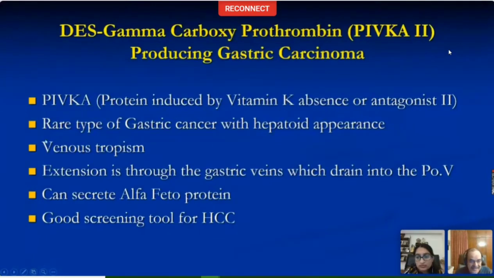This tumor extends into the gastric veins, and we know that the gastric veins drain into the portal vein. So this tumor is extending through the gastric venous drainage into either the left portal vein or the main portal vein.